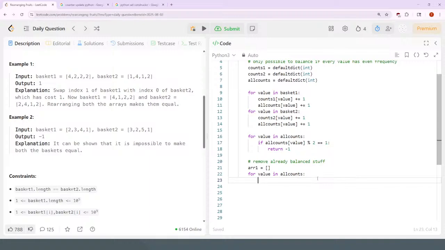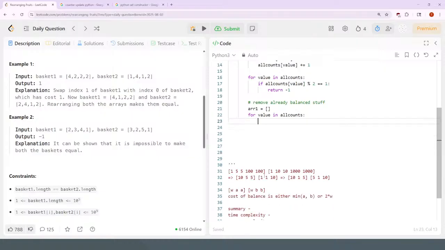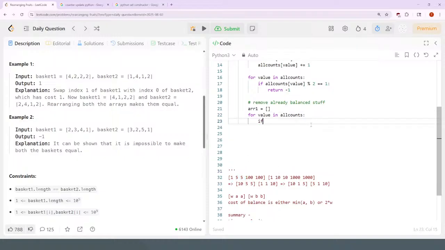So if there's like 4 5s in the first array and 2 5s in the second array, I just want to remove the unbalanced, remove the ones that are not balanced, or that aren't already duplicated. So I guess the minimum frequency gets subtracted from both. That leaves the unbalanced stuff.